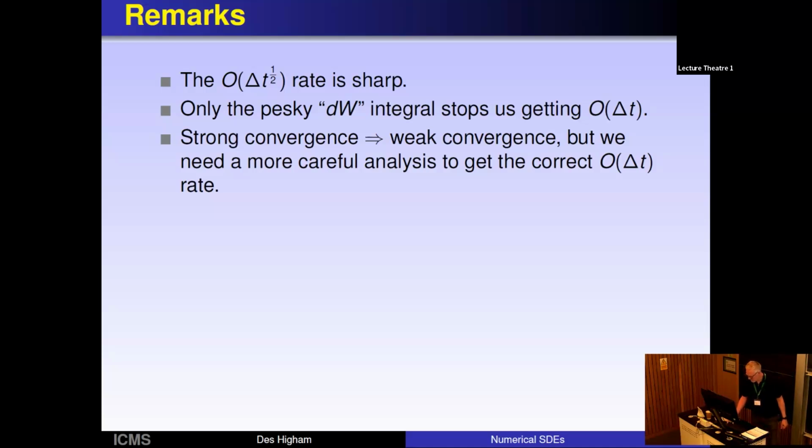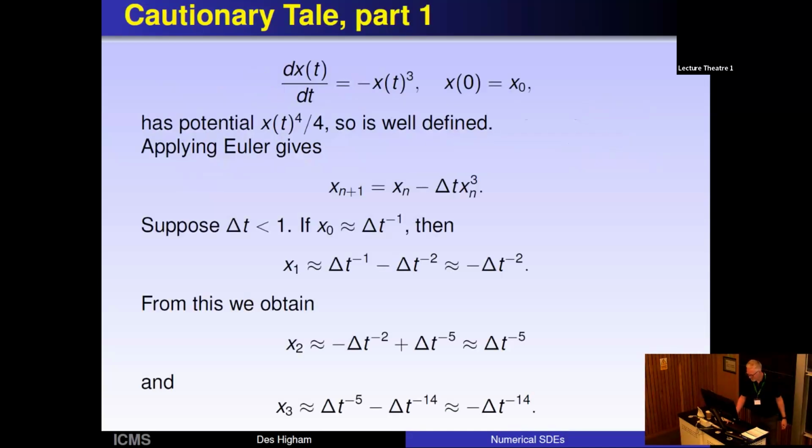So I promised a little bit more about what can go wrong just before we finish this first section. This is a cautionary tale. This is now a simple deterministic ODE. We're going to make it stochastic shortly, but it's a deterministic ODE. It's a gradient system. It has potential x to the 4 over 4. So this is the derivative: dx by dt is minus x cubed.